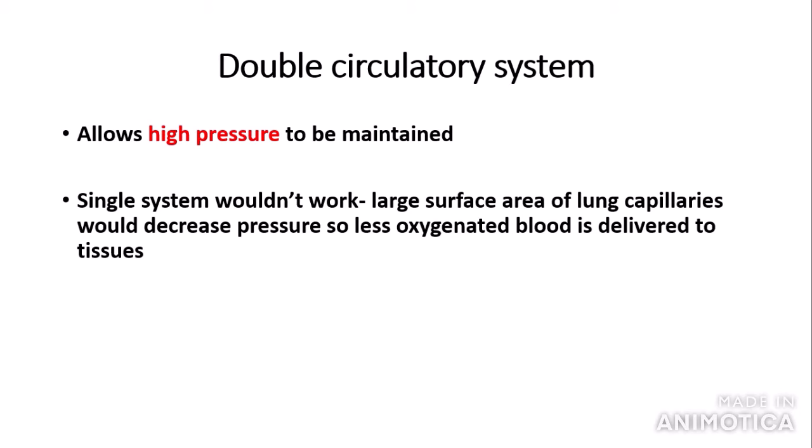Now, the surface area of capillaries is huge, so the large surface area of the lung capillaries would decrease the pressure, as there is a large surface area, so a higher volume. This would mean a decrease in pressure, so less oxygenated blood would be delivered to the tissues, which would obviously be detrimental to respiration rates.